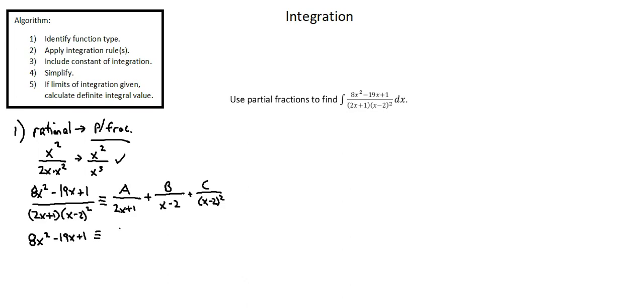For the A term, when we multiply the A fraction by the denominator on the left side of the identity, we're left with A times x minus 2 squared. Notice that the 2x plus 1 term is already in the denominator of the A fraction, so when we multiply, that term goes away. The x minus 2 to the power of 2 ends up as a multiplier for A. Similarly with B and C. B times 2x plus 1 times x minus 2 as a linear.